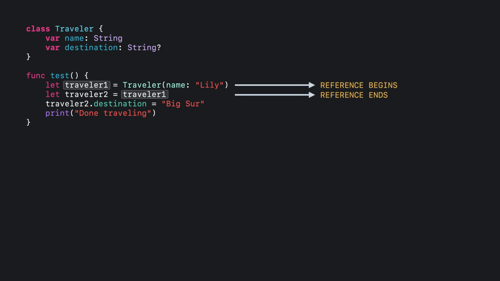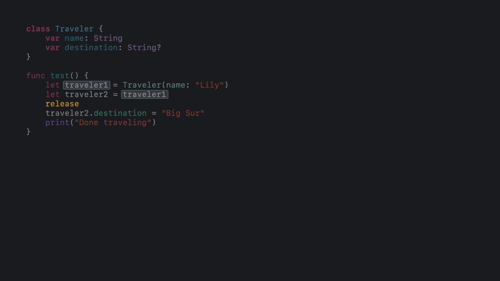Traveler1 is the first reference to the traveler object, and its last use is the copy. Here, the Swift compiler inserts a release operation immediately after the last use of the Traveler1 reference. It does not insert a retain operation when the reference begins because initialization sets the reference count to 1.